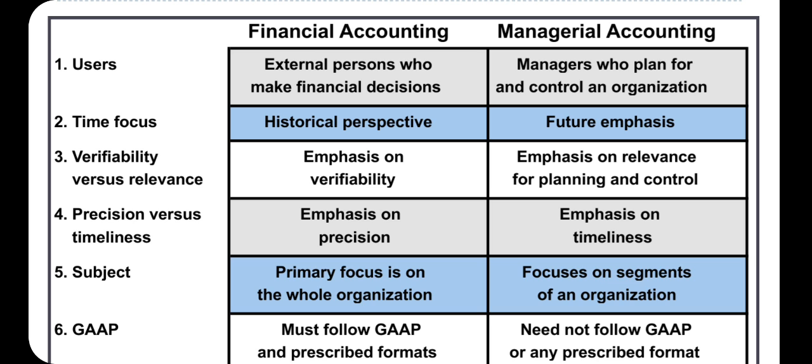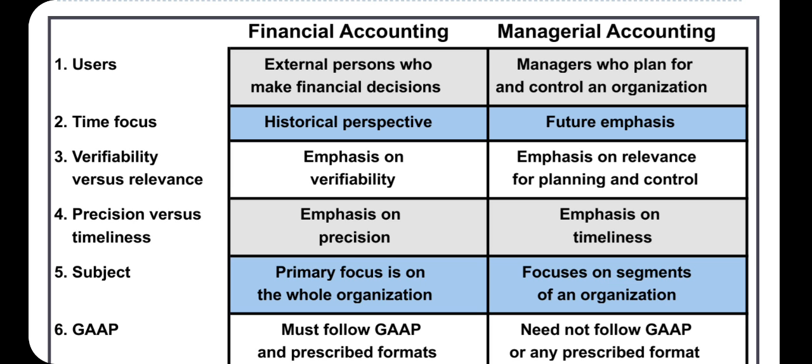Your balance sheet, the total asset in the balance sheet will not equal the total liability and equity. So every item that you record when you do financial accounting must be accurate or precise, with a focus on precision. Okay, that is when you do the financial accounting.